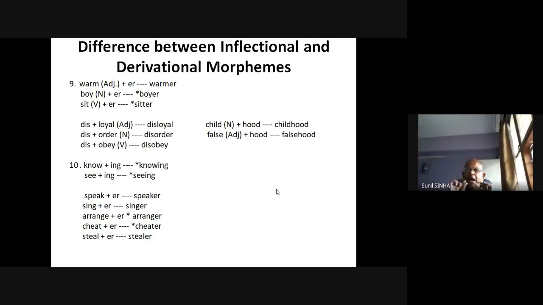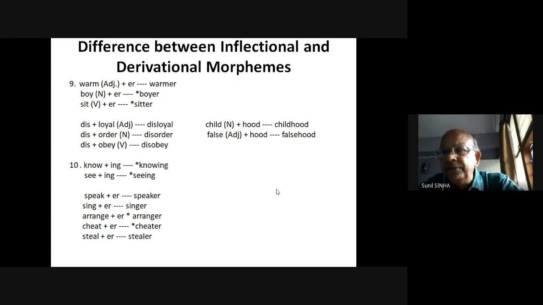And we find very few exceptions. Like ER cannot be added to beautiful. We cannot say beautifuler. It cannot be added to truthful, truthfuler, right? So exceptions are very few so far as inflectional morphemes are concerned. We can add inflectional morphemes to almost all the words of a particular grammatical group, noun or verb or adjective, etc. There are only few exceptions.